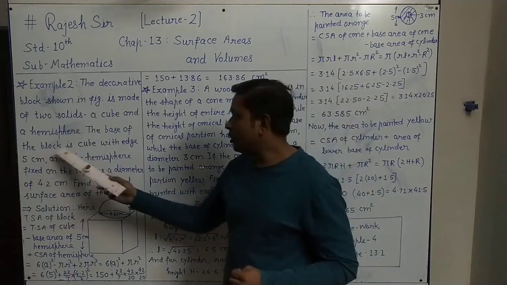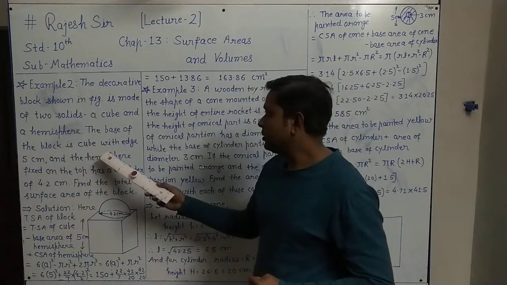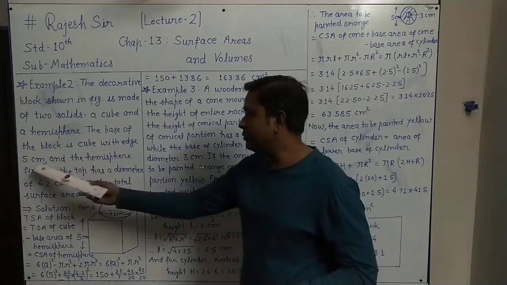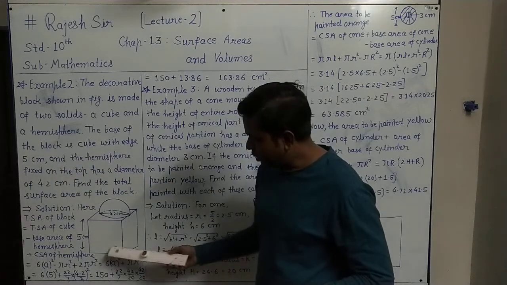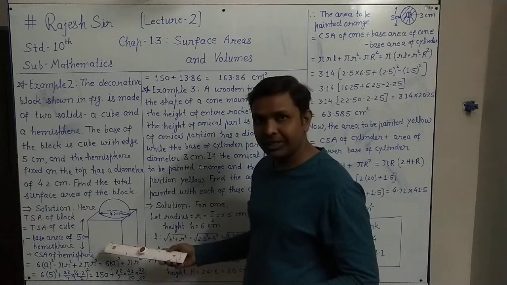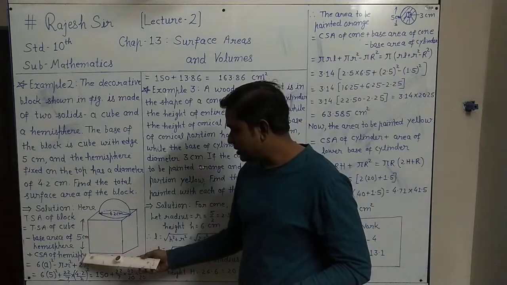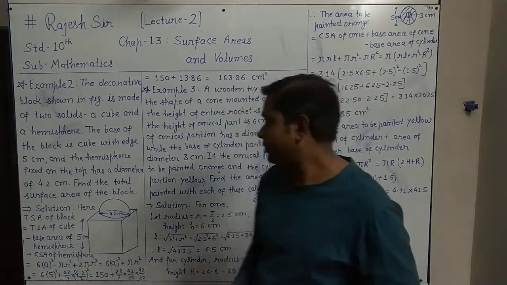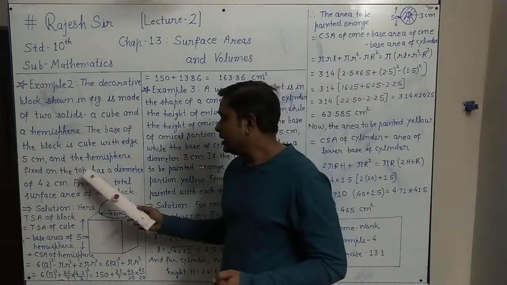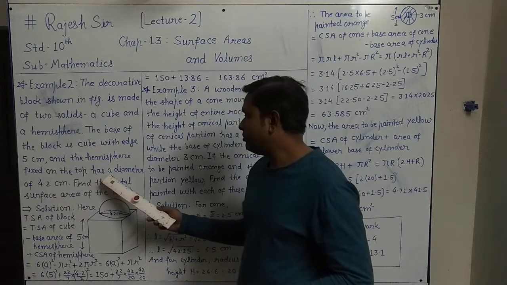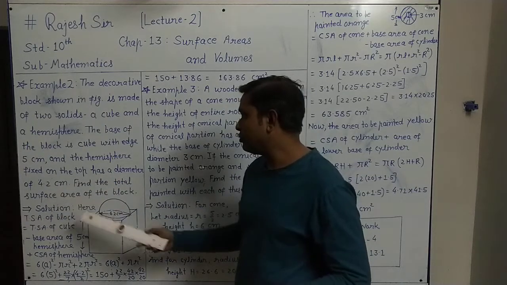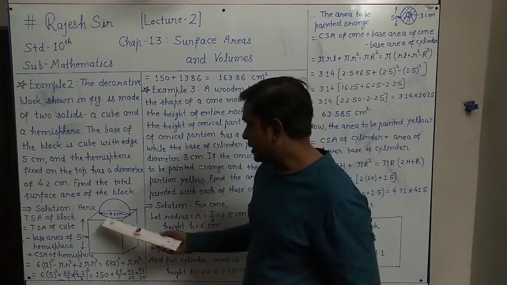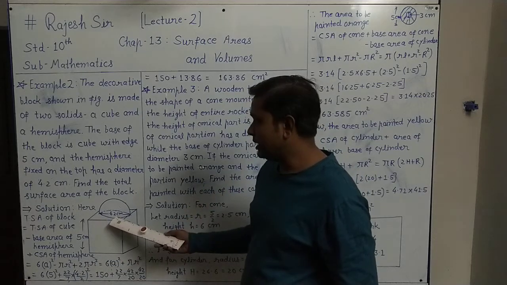The base of the block, the base means the lower side, is a cube with edge 5 centimeter, means each side of the cube is 5 centimeter. And the hemisphere fixed on the top has a diameter of 4.2 centimeter.